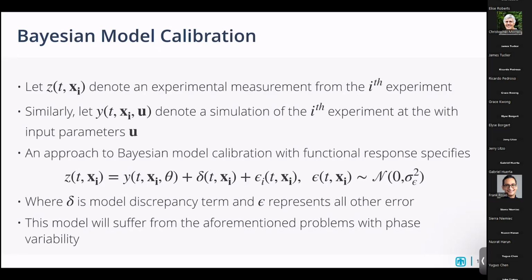What's been published in the literature is that you can create an emulator, sample from that likelihood, and find the optimal theta. The problem is that within the likelihood you're finding the distance between your simulation and your experiment. There's an L2 norm in that multivariate normal likelihood, and it will suffer from the aforementioned problems with phase variability. If your data is misaligned, you're going to be cross-sectionally averaging it in a lot of ways, and you'll have problems because you'll be computing means that are not representative of the data generating mechanism.